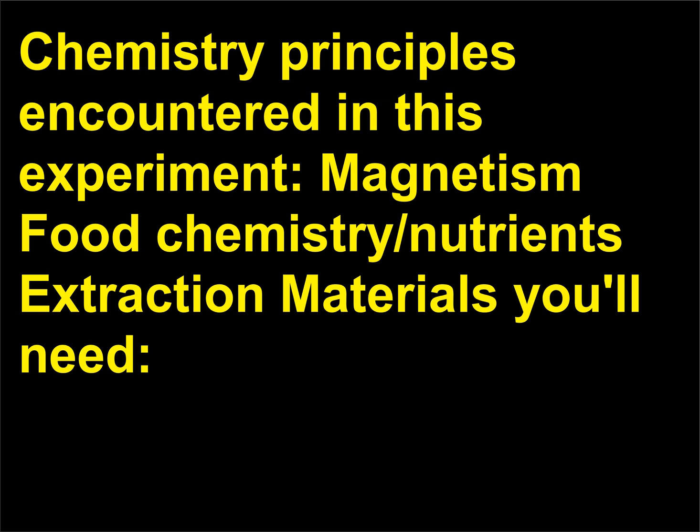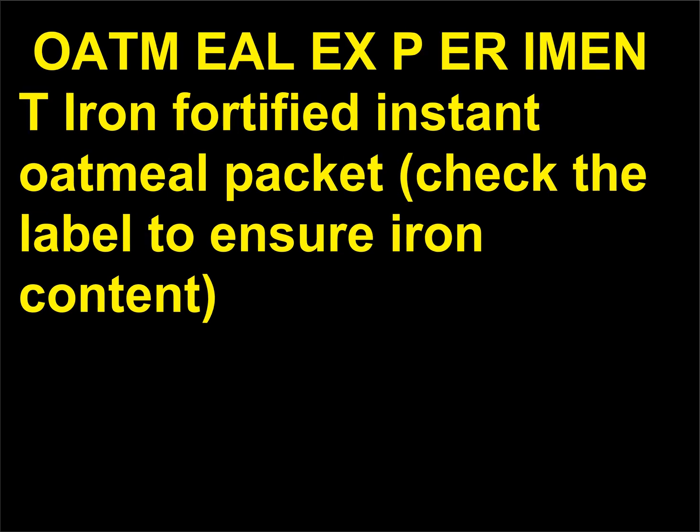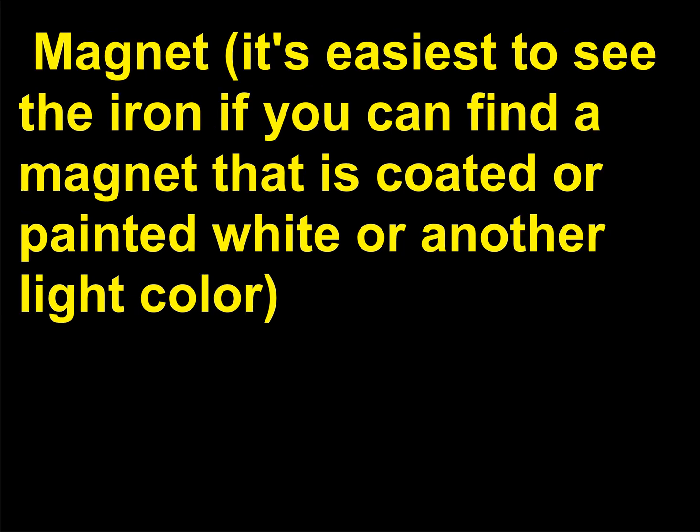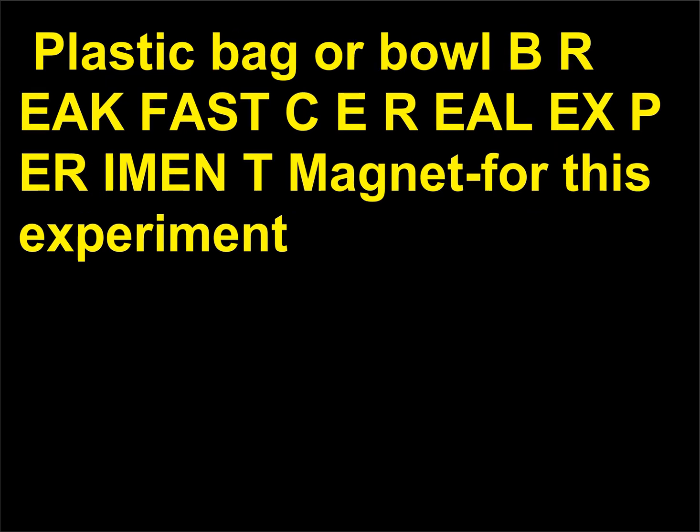Materials you'll need for the oatmeal experiment: an iron-fortified instant oatmeal packet, check the label to ensure iron content. A magnet; it's easiest to see the iron if you can find a magnet that is coated or painted white or another light color. A plastic bag or bowl.